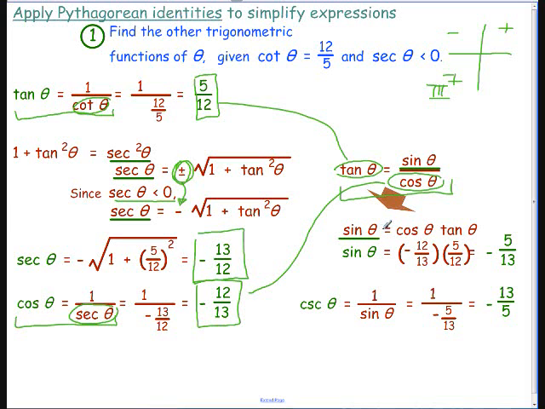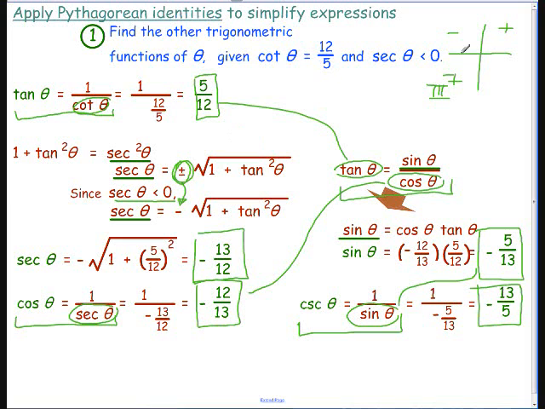So sine is going to be equal to 5/12 times negative 12/13. I get my answer here. Now I'm going to use a reciprocal identity. I know what sine is. I just got it.